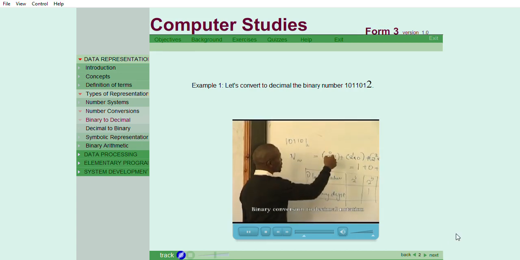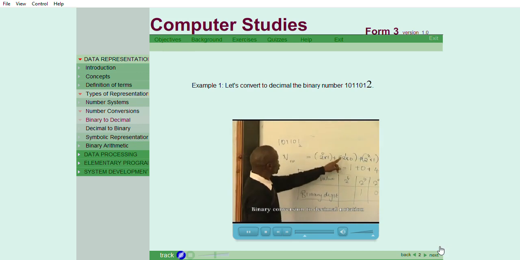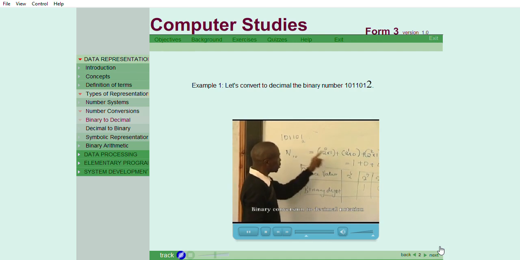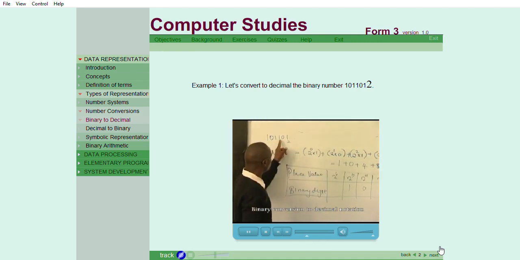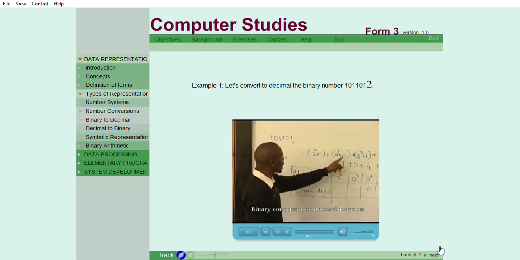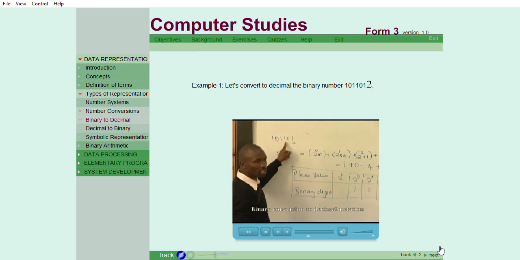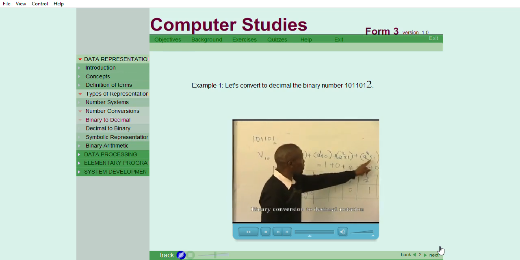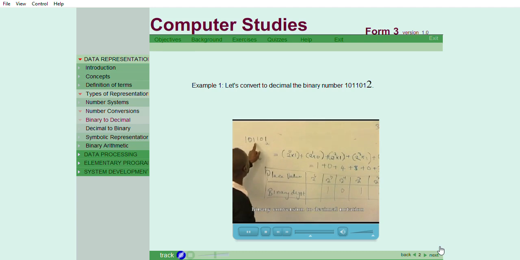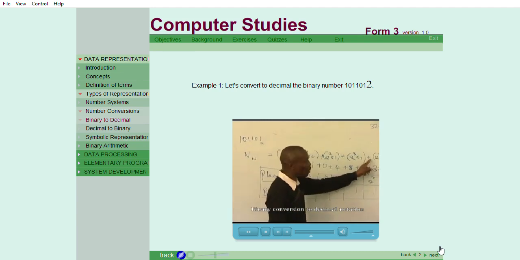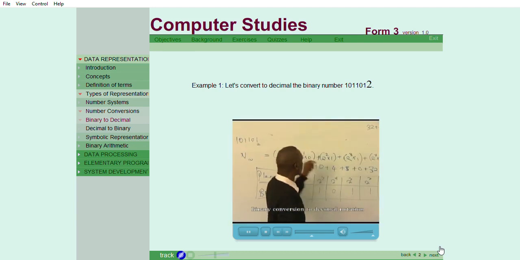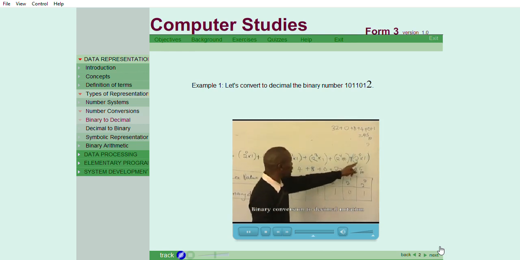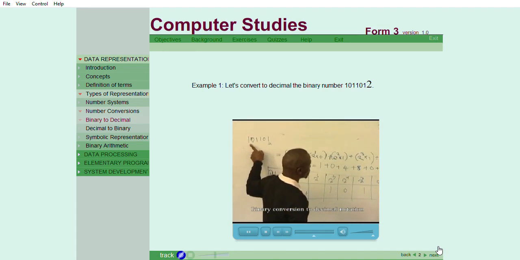So it is 2 to the power 0 times 1, plus 2 to the power 1 times 0, plus 2 to the power 2, the third place value, times the binary digit 1, plus the next one is 2 to the power 3 times the digit 1, then plus the fourth place value 2 to the power 4 times the binary digit 0, plus the last one is 2 to the power 5, the place value, times the binary digit value.